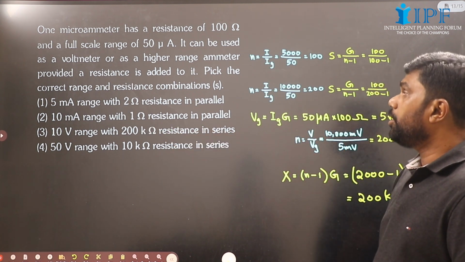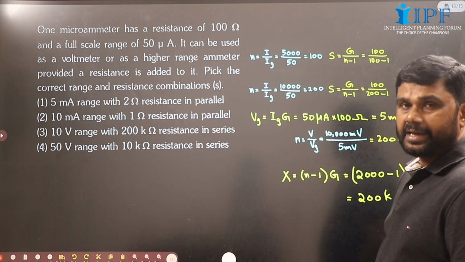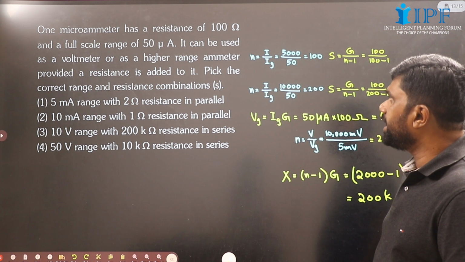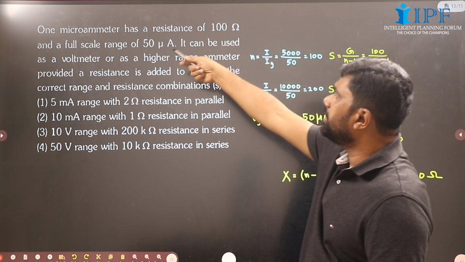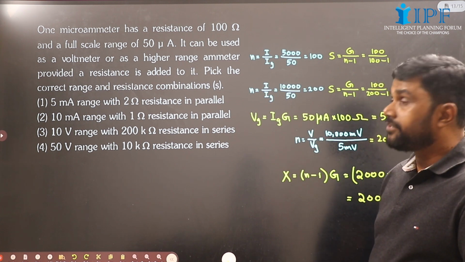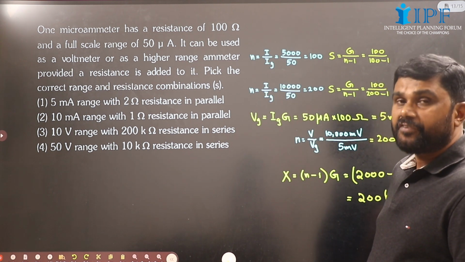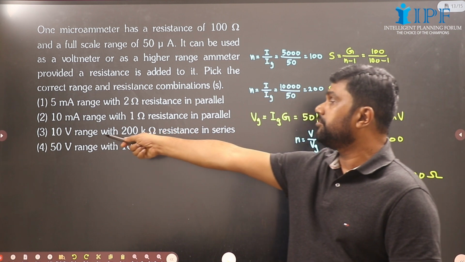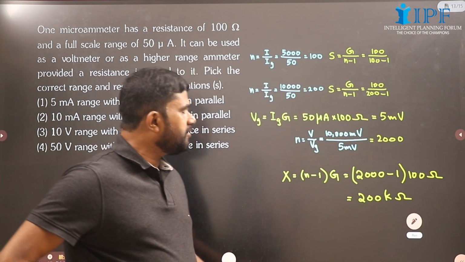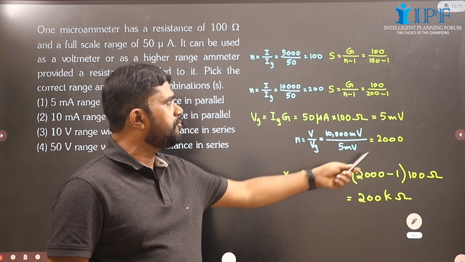And in the third case, the voltage to be measured by the voltmeter is 10 volt. Now the full scale deflection voltage of the given galvanometer is actually 100 into 50, which means 5000 microvolt, or 5 millivolt. That 5 millivolt is to be increased to 10 volt. So the factor will be 10,000 millivolt by 5 millivolt, that is 2000.